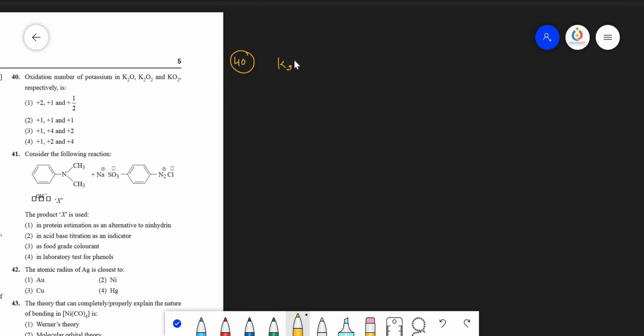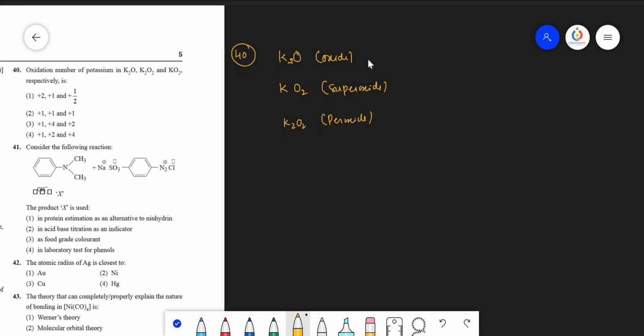Here we will write K2O, which is a normal oxide, KO2, which is a superoxide, and K2O2, which is a peroxide. Now let's calculate their oxidation states. Let us take the oxidation state of potassium as x, as we don't know it.